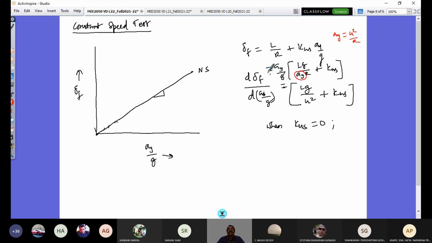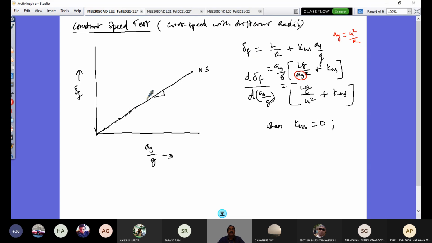So the test is conducted at a constant speed with different radii. When I go with different radii, that's where my lateral acceleration varies. If it is a neutral steer vehicle, I'll have this variation, but it is not so. It is not going to be like that.